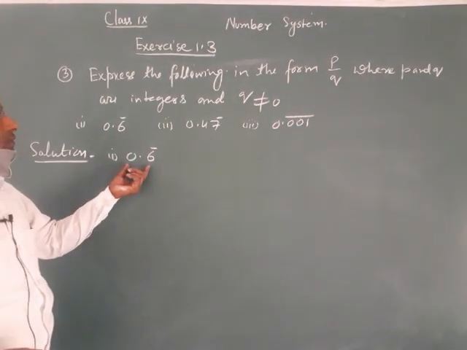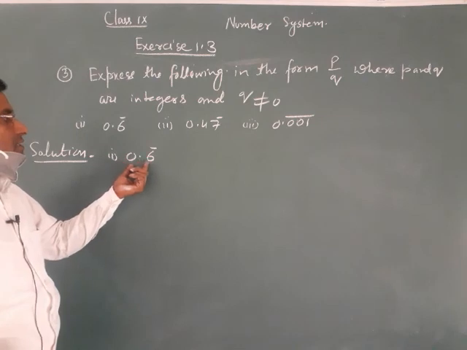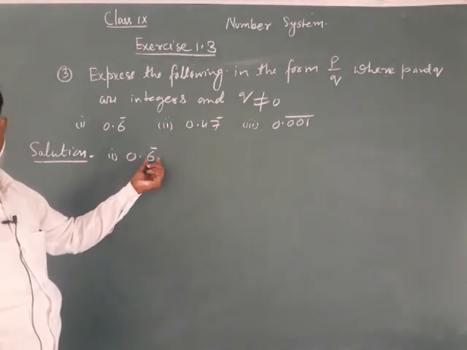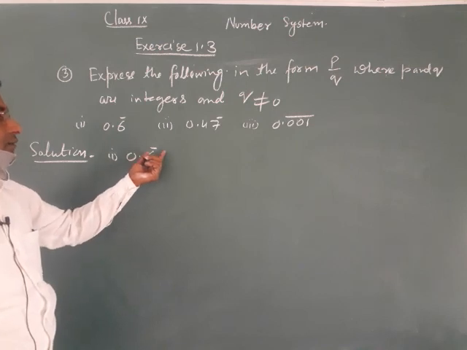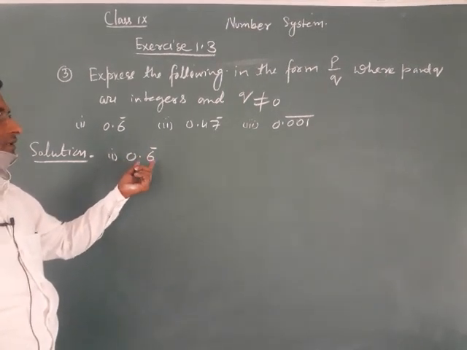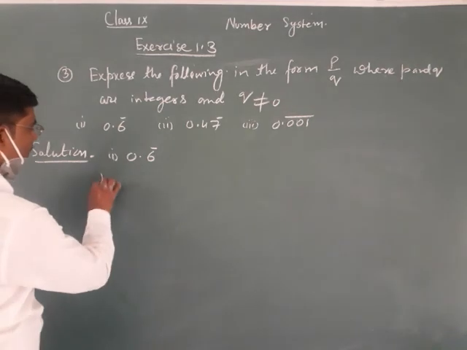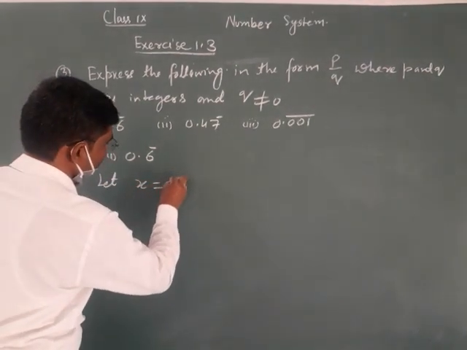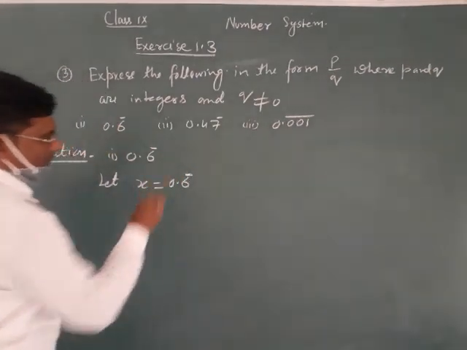So this 0.6 bar, we have to represent in the form of P by Q. So now let x is equal to 0.6 bar.